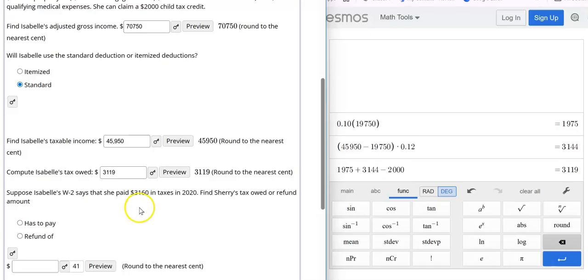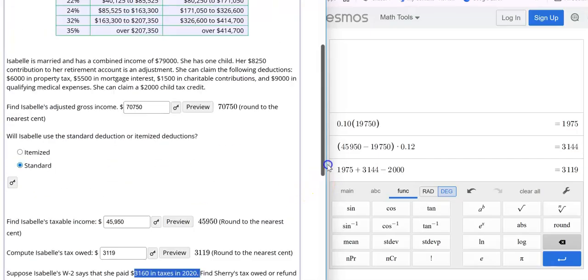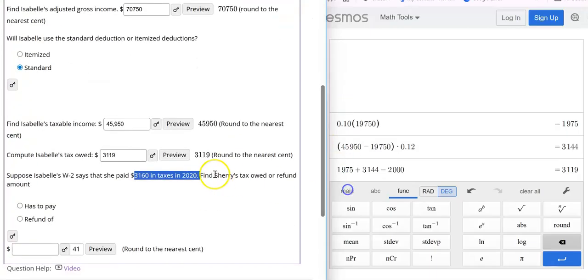Okay, and now we have a different story here. Isabella's W2 says she paid $3,160 in taxes in 2020. If she paid this much, that means while working, every time she got a paycheck, her employer deducted some federal taxes. That's called tax withheld. This much tax was already taken by the IRS from every paycheck in that year.